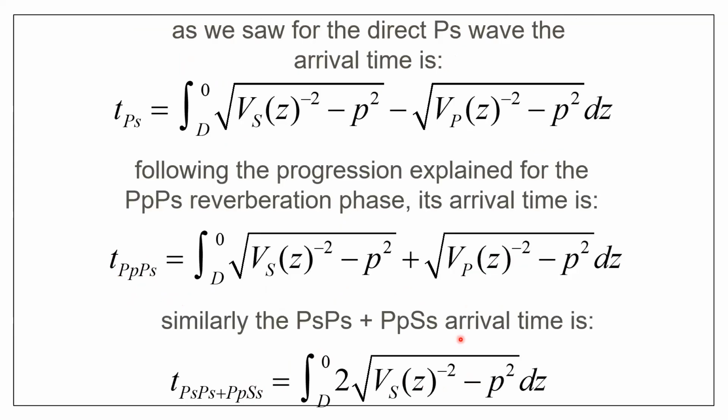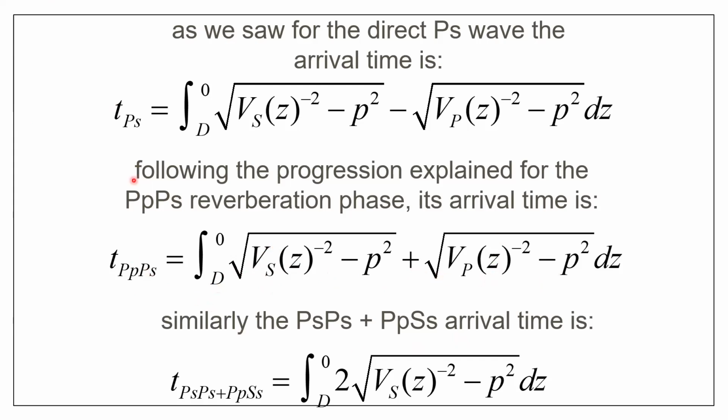Okay, if there is a non-vertical incident, then this formula will have an additional term, that is the ray parameter term. So the formula will change to this for the PPPS phase: integral from d to 0 of square root of 1 by Vs square minus P square, plus square root of 1 by Vs square minus P square.